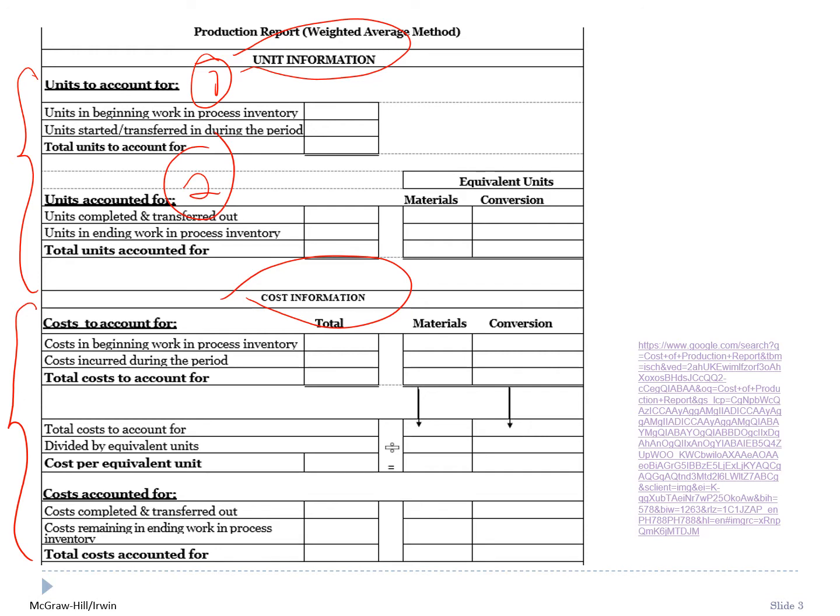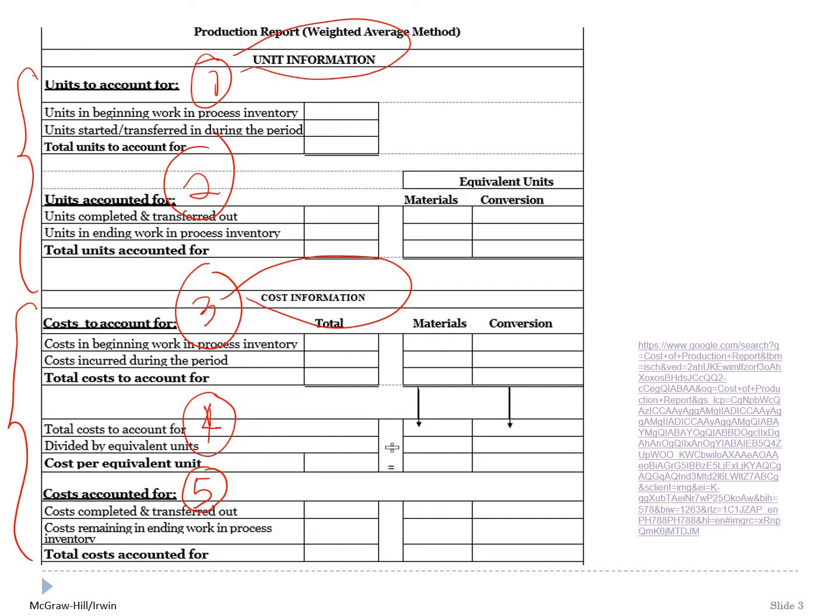Step three is to compute the cost to account for. Step four is to compute the cost per equivalent unit. And the last step, step five, is to compute the cost as accounted for, which is the same as the reconciliation.